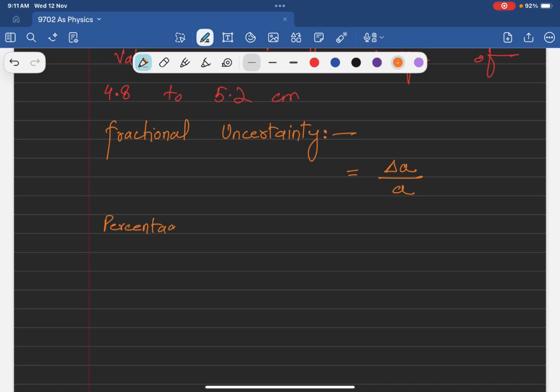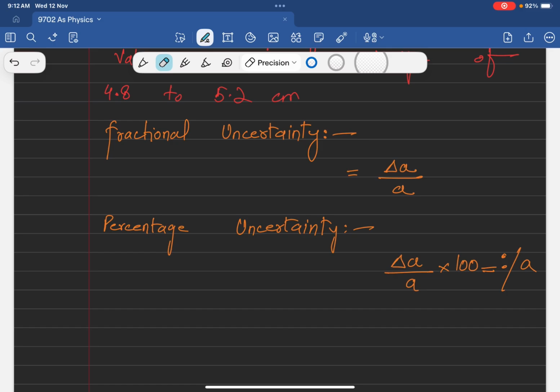percentage uncertainty. I want to quote my uncertainty in percentage. So, what I do, I simply multiply my fractional uncertainty by 100, and I can represent my uncertainty in percentage.